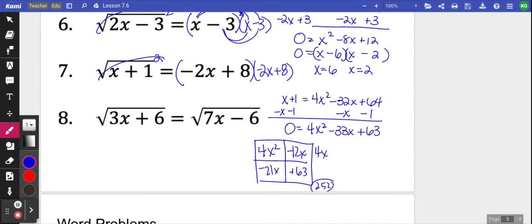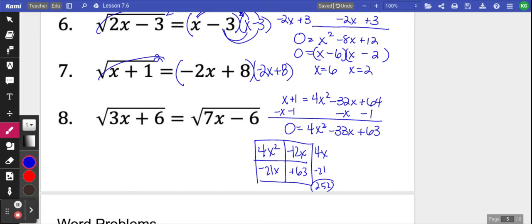So 4x, 21 and 63. 21. Should have known that.